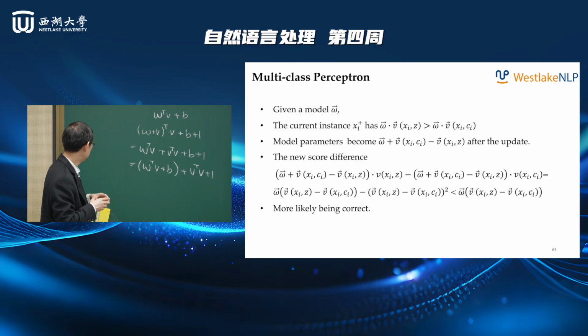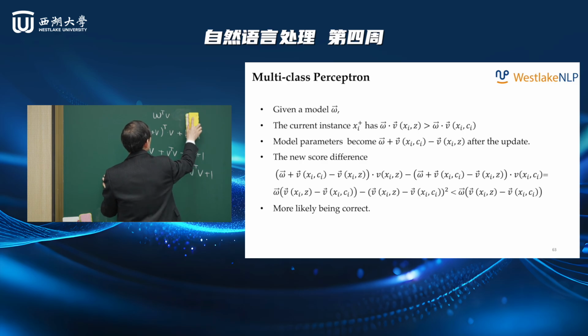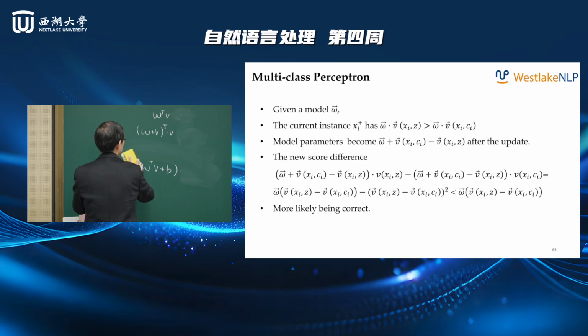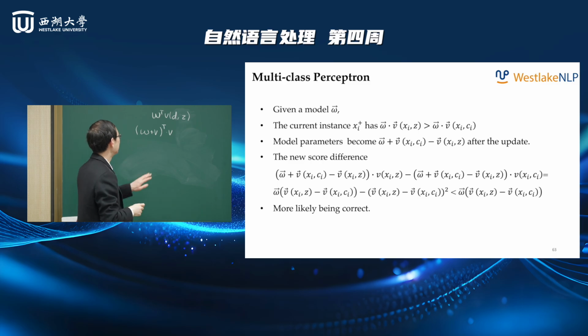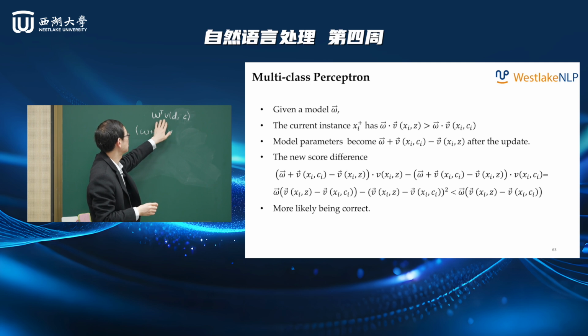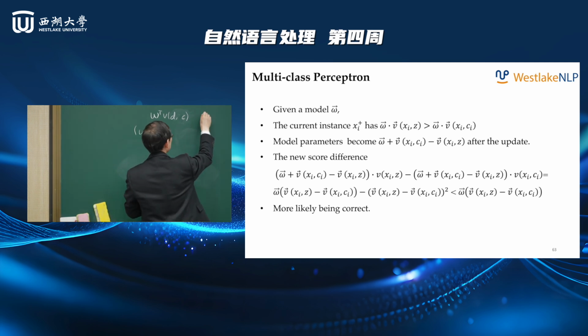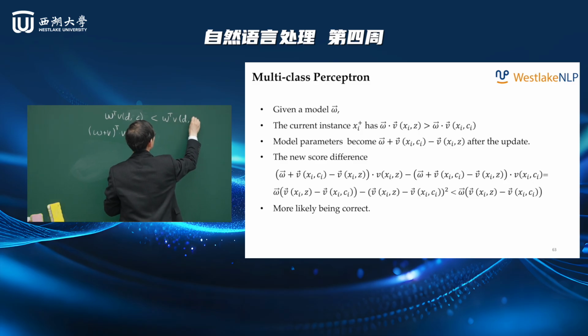Originally it is W transpose V(D, C). But this W transpose V(D, C) turns out to be smaller than W transpose V(D, Z).